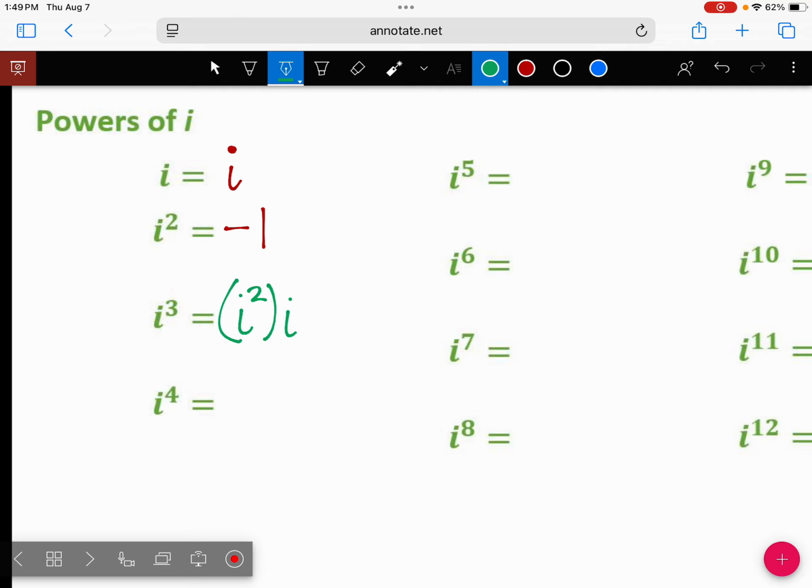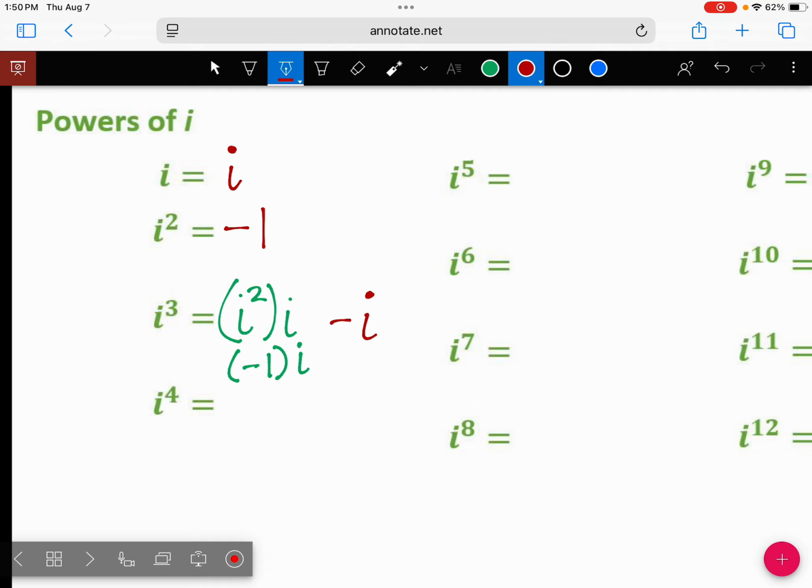And if i to the power of 3 is i squared times i, that means it is -1 times i. What's -1 times x? Negative x. So what's -1 times i? Negative i.